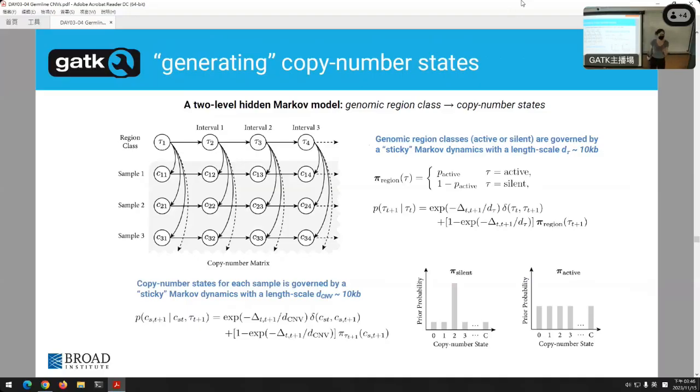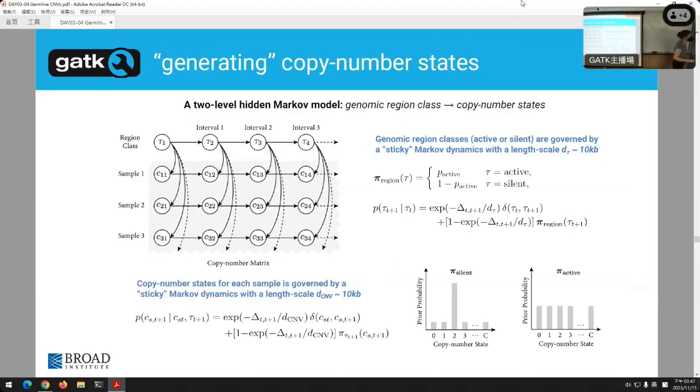By contrast, if we look at the plot for the active intervals, we see that it's actually pretty similarly likely to have any of these copy number states because copy number variability is quite common in these active intervals.